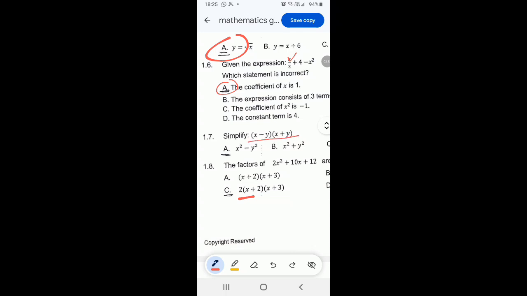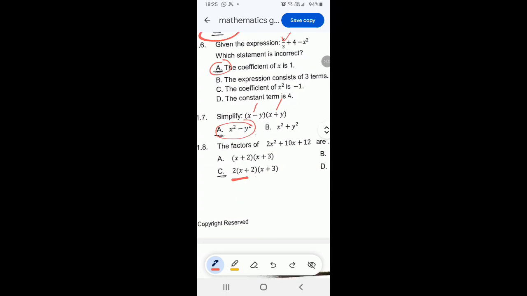1.7, simplify this. If you find something like this where there's a plus here and there's a minus here, it's called difference of two squares. You're going to get an answer like this one, where you have two squares and a minus. As long as in one bracket you have a negative, in the next bracket you have a plus, you're going to get an answer like this.